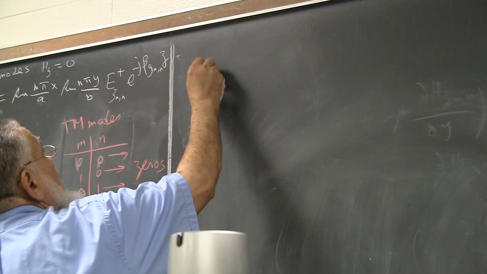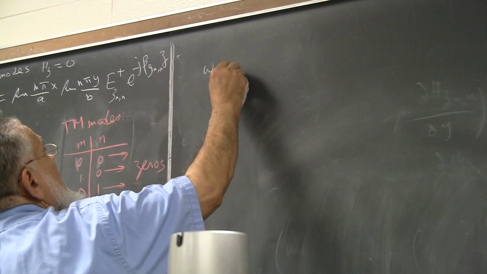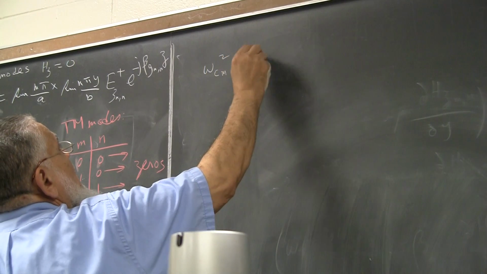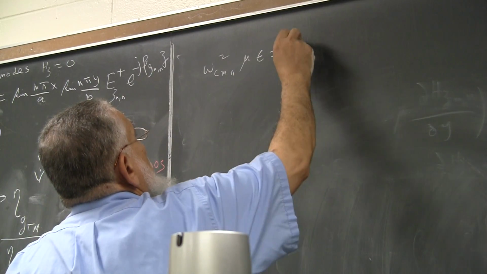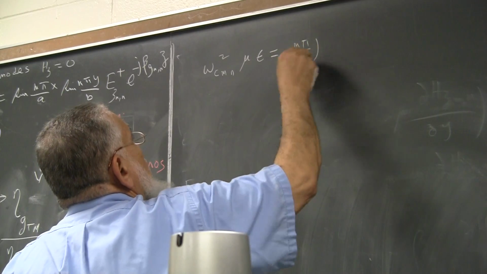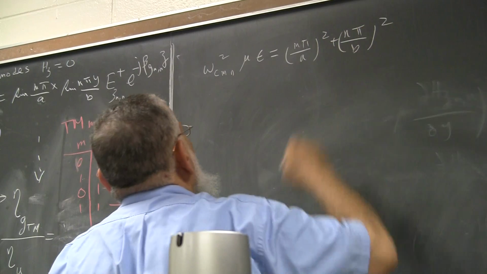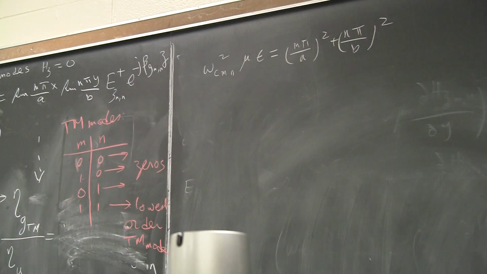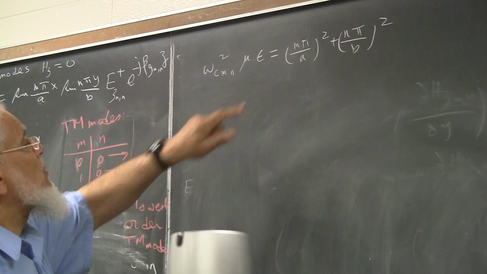When omega sub c M N squared mu epsilon is equal to k x squared plus k y squared, which is M pi over a squared plus N pi over b squared, that's the critical frequency. And k x squared plus k y squared is equal to k squared.